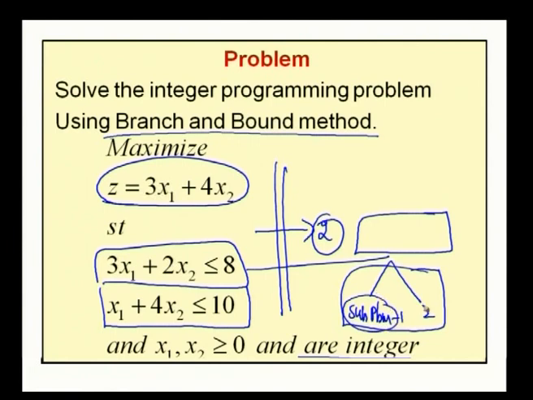But if any subproblem does not have an integer optimal solution, then that subproblem is again split into two subproblems, subproblem 3 and subproblem 4, and continuing this process we will get the optimal solution to the original problem. Thank you.